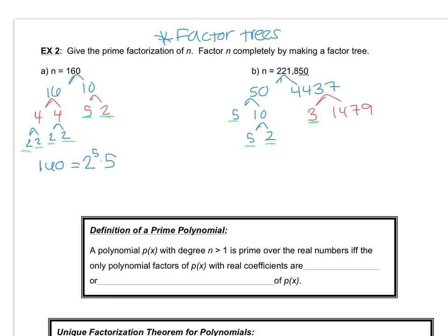I'm going to add up the digits again and see if they're divisible by 3 first. I'd say that's the best way to start. So that would be 1 plus 4 is 5, plus 7 is 12, plus 9 is 21, which is divisible by 3. So 1479 divided by 3 is 493.